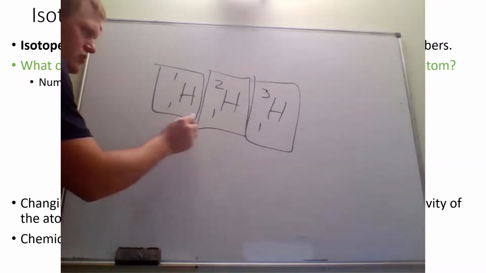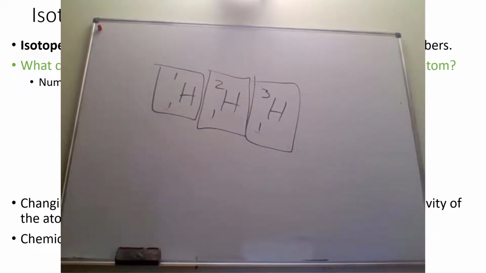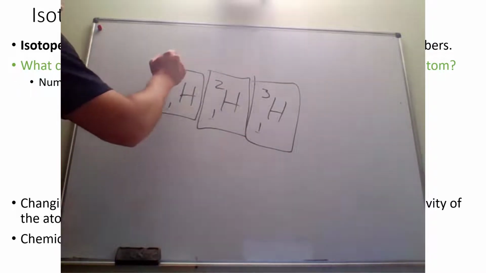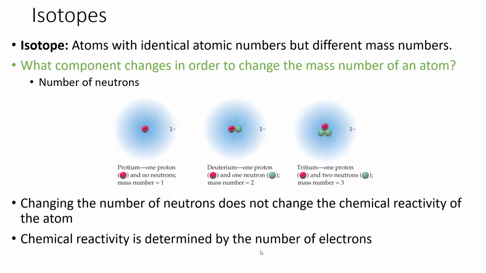You can tell they're all hydrogen because they all have the H symbol and they all have an atomic number of 1. How they differ from each other are the mass numbers on the top. That tells us there's a different number of neutrons in each. These different forms are called isotopes. Isotopes are atoms with identical atomic numbers but different mass numbers.